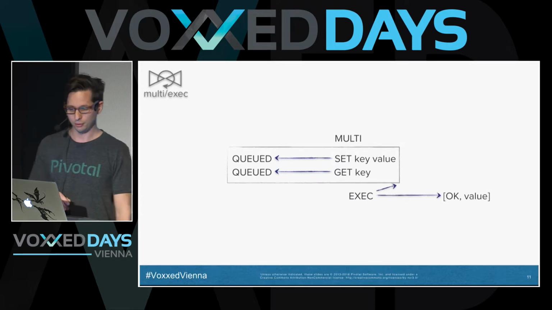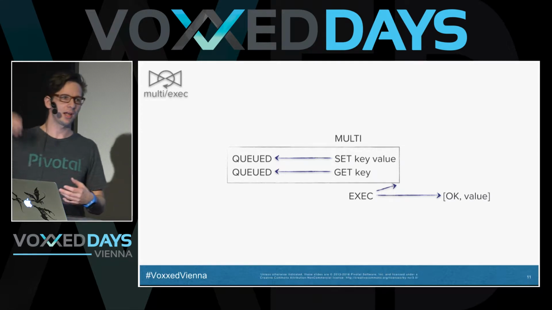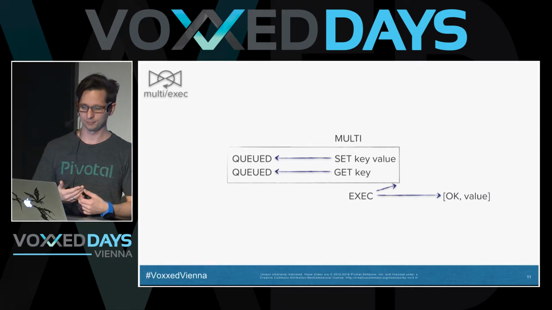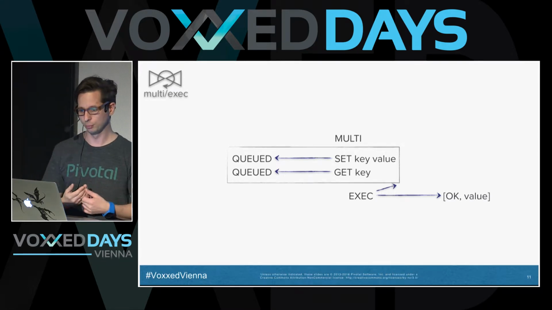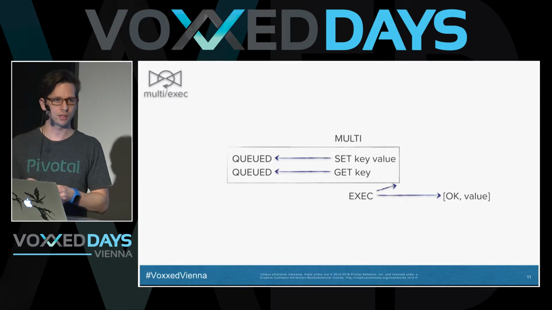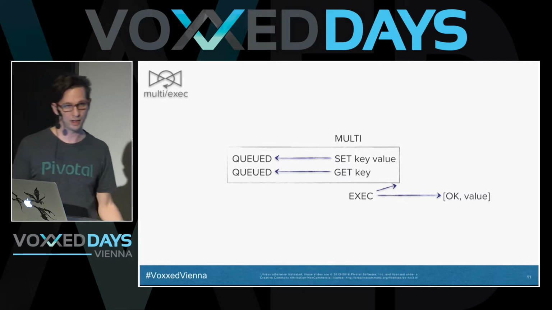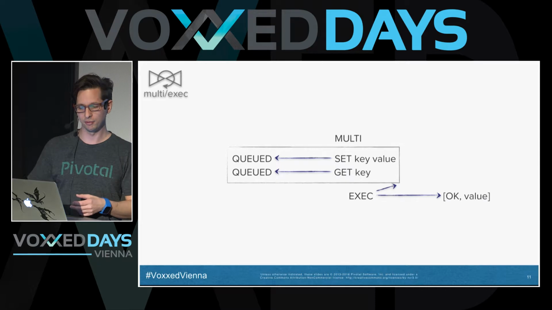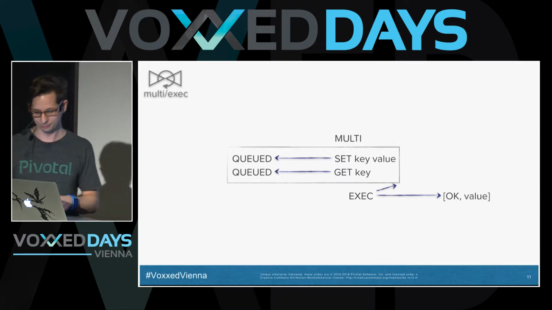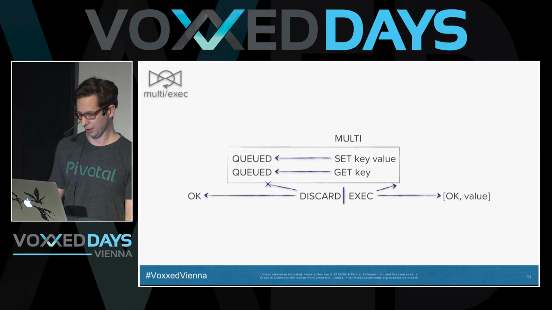Then you get the option to either call exec, which will execute all the queued commands in a row and give you back all the result values. In this case it would give you OK for the set command and the value for the key you just set. Or you just discard it, and everything is fine and nothing happened.